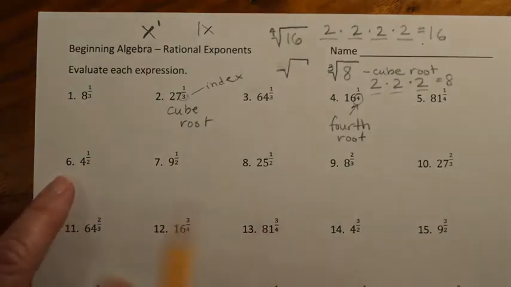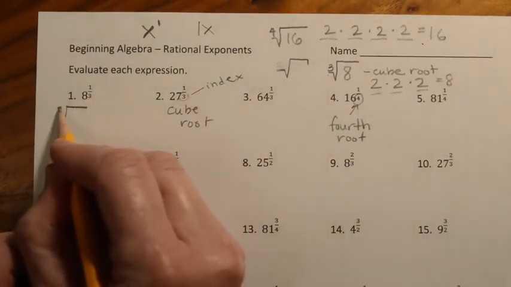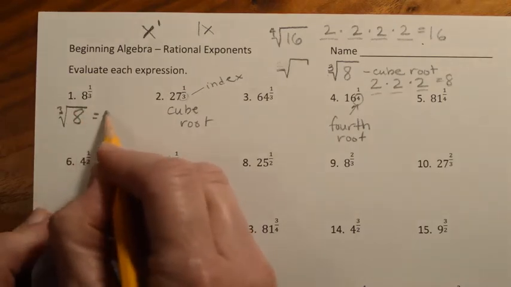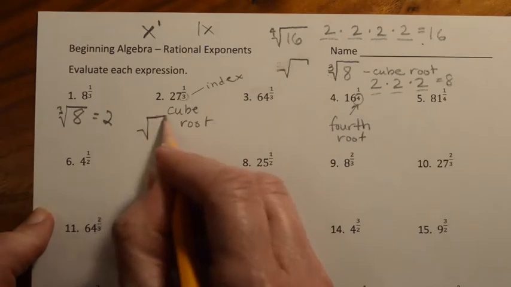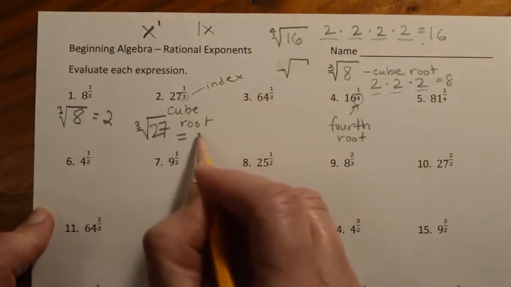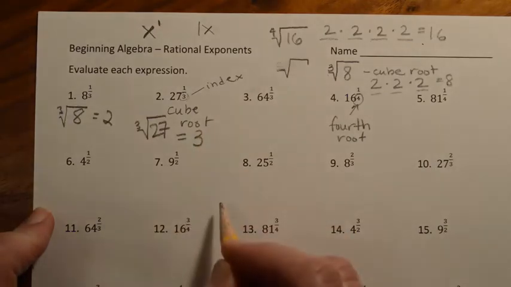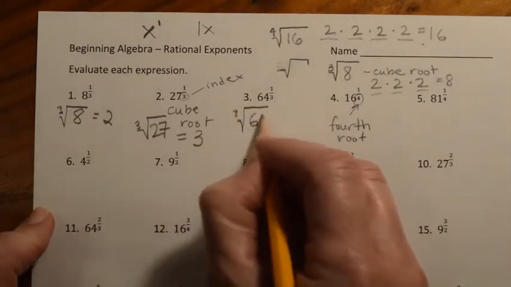Okay, so then we talked about how we would just go through here and interpret this as being the cube root of 8. And we would say that's 2. Or we would say the cube root of 27. That's 3 times 3 times 3. And so therefore, the cube root of 27 is 3. We did the cube root of 64.